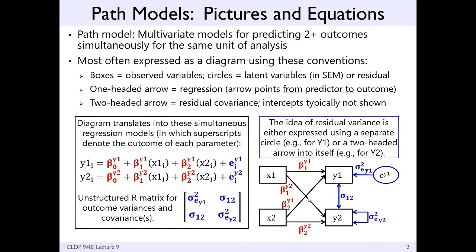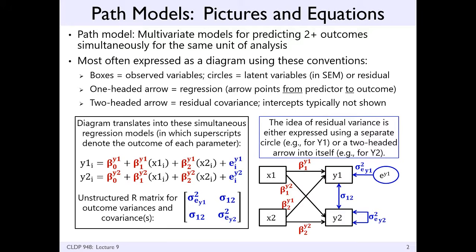So here on the right, this is an example of a path model. I have 2 observed predictors, x1 and x2. I have 2 outcomes, y1 and y2. In this case, arrows that are directed. The thing that it's going from is the predictor, and the thing it's going to is the outcome.